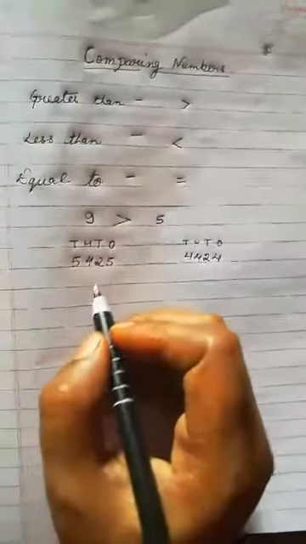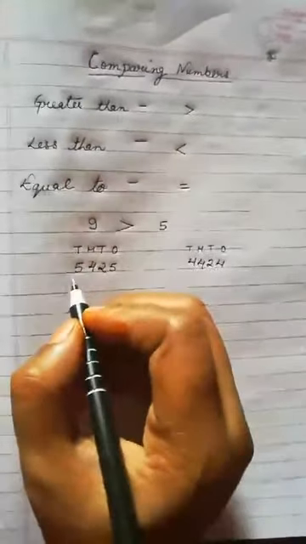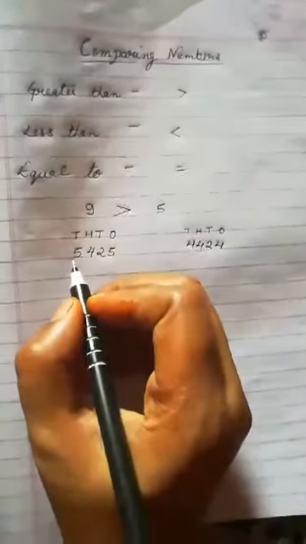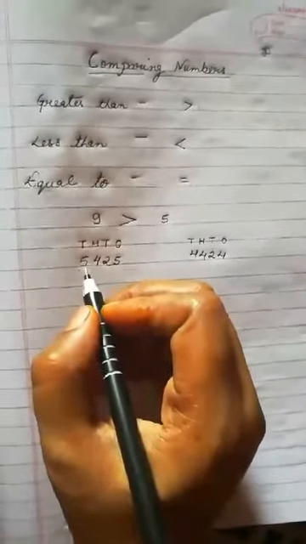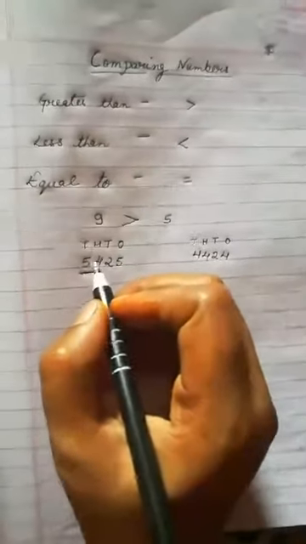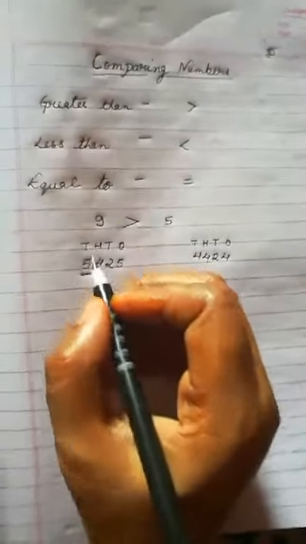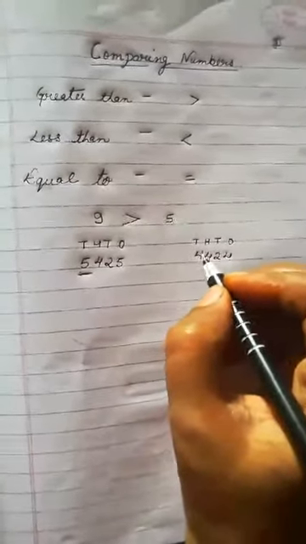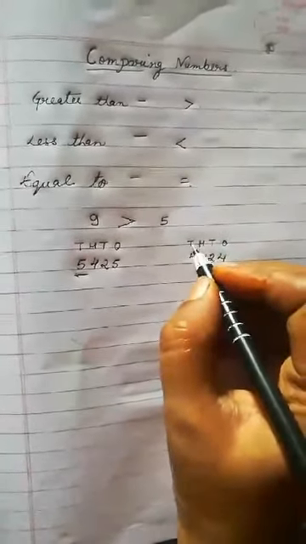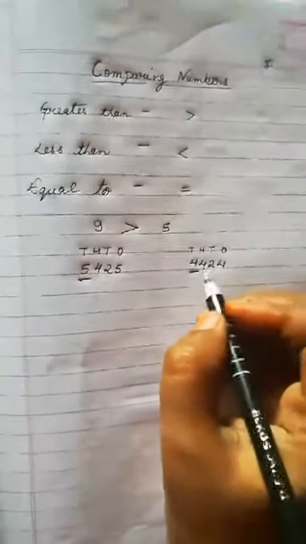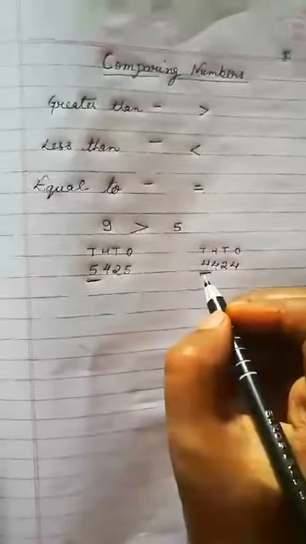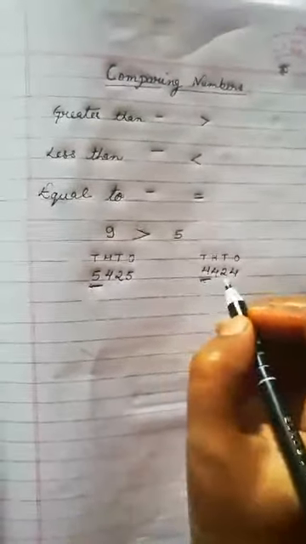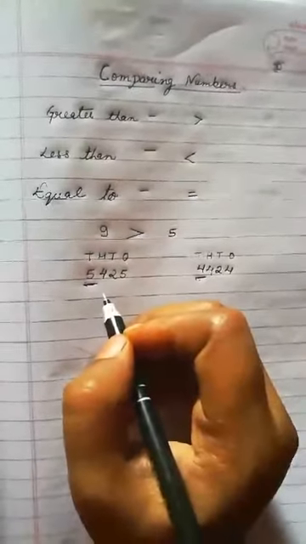So we will compare from the left number. Which number is at the thousands place? This, 5 is at the thousands place, and here which number is at the thousands place? 4. So 5 is bigger than 4, so which number is greater?